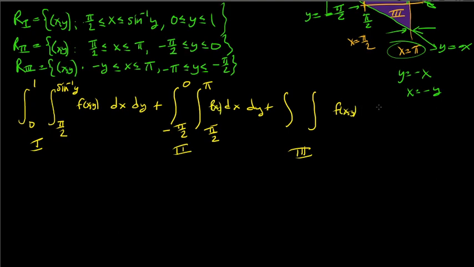Again, dx dy. X is going from negative y to pi, and y is going from negative pi to negative pi over 2.